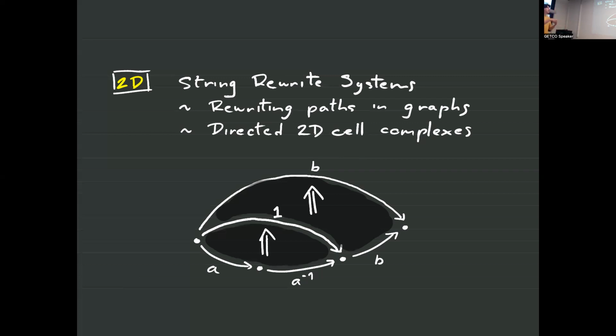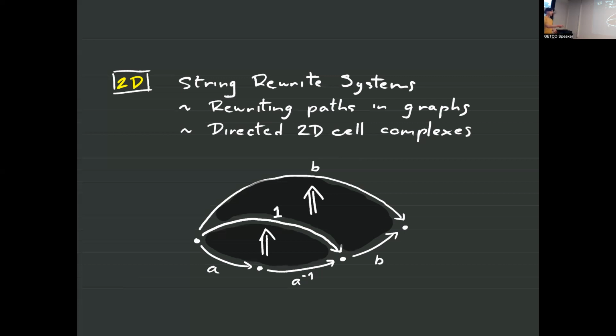And then a rewrite can now be seen as a two-dimensional cell going from one path to another path. And this example is a rewrite which we may see in something like a presentation of a group.